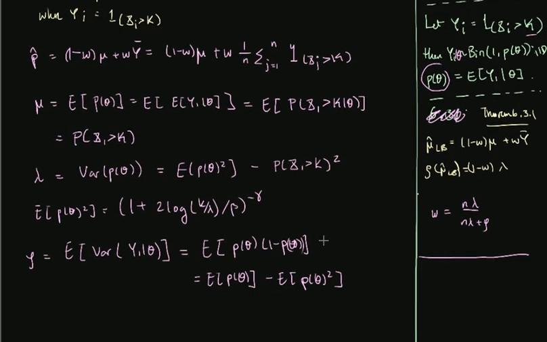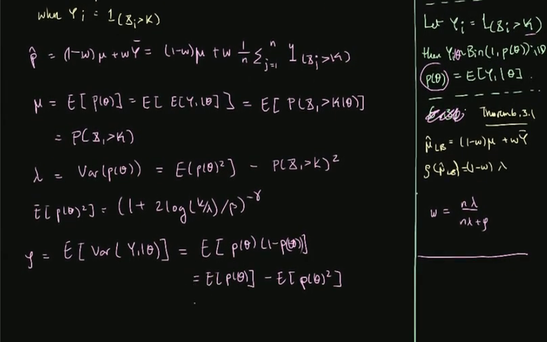So that's very nice because that means that all in all, I also have an expression of phi, given as the probability that x1 is greater than k, minus 1 plus 2 log k over lambda divided by beta to the minus gamma. Okay, so now I have all of these expressions. So in order to obtain the Bayes estimator in the more or less linear case, all I have to do is just plug these expressions into the formula for W and plug them into this formula to get the result.